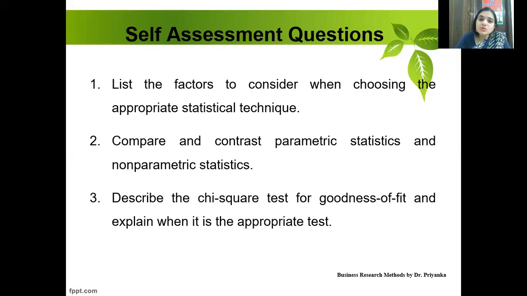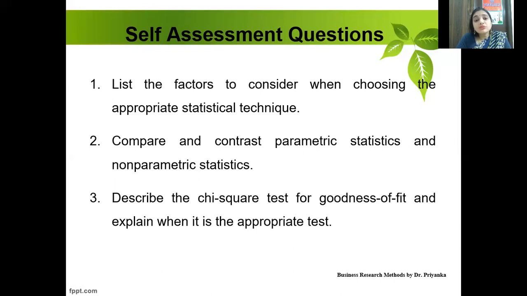But when it comes to non-parametric statistics, these are appropriate when the numbers do not conform to a normal distribution, making the assumption that the population distribution or sampling distribution is normal generally inappropriate, when the data are either ordinal or nominal.